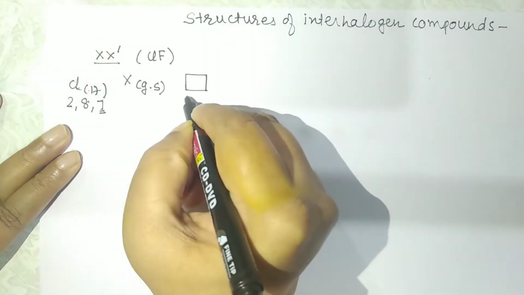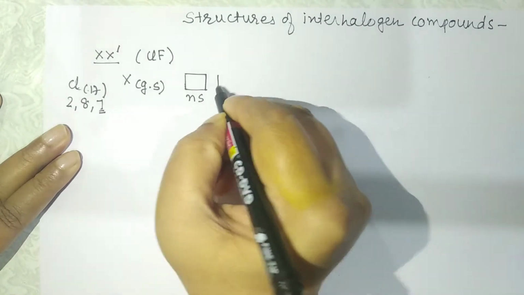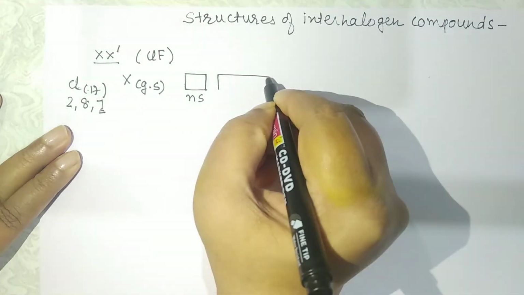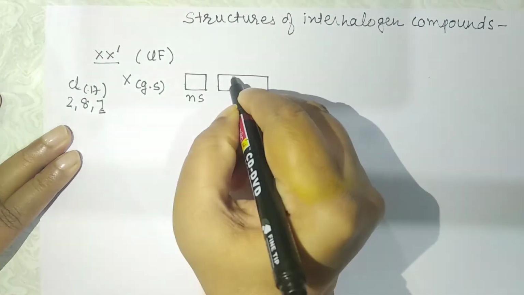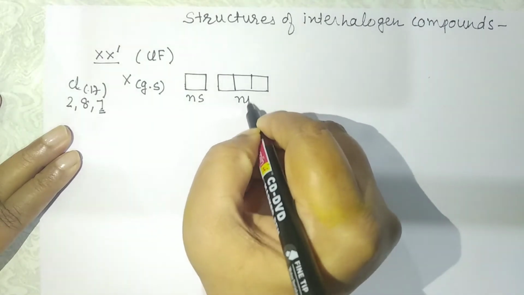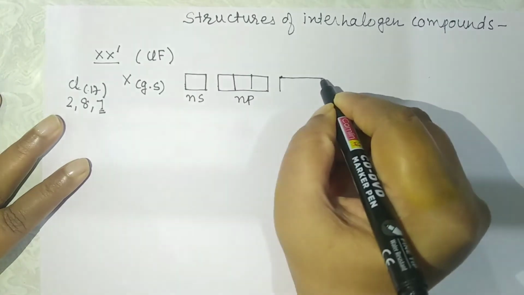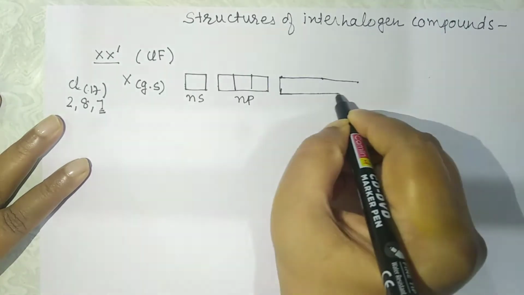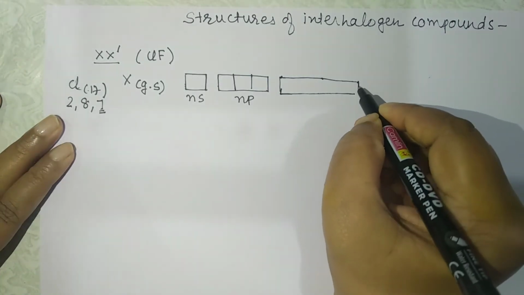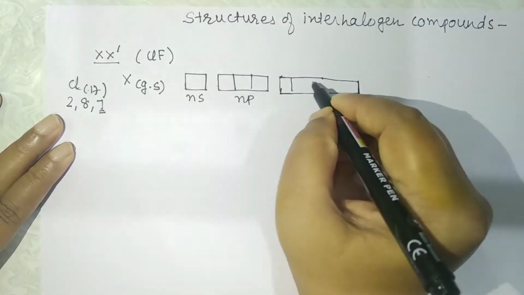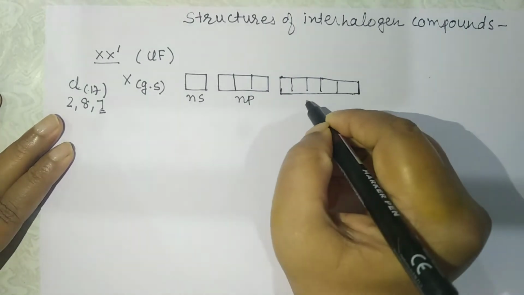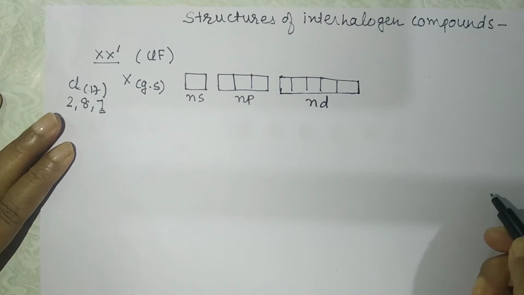So here it will be your ns. This is your np, and we always keep the d orbital vacant so that in case required, you can carry out the excitation. So let us keep the d orbital vacant. So this is your nd.